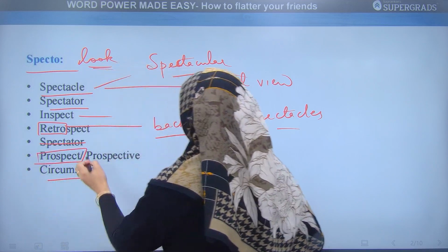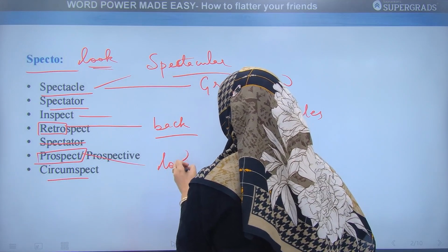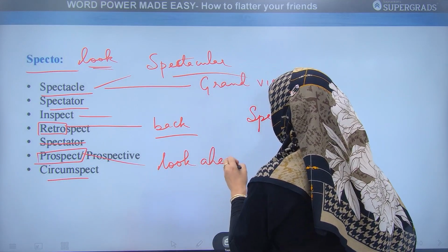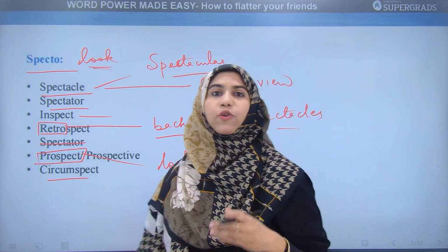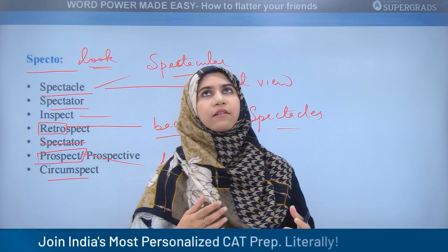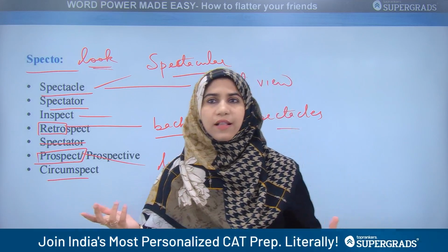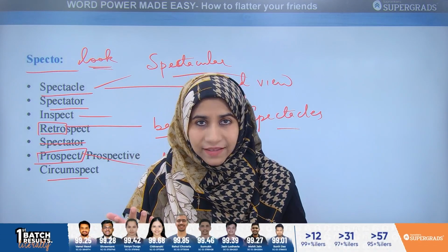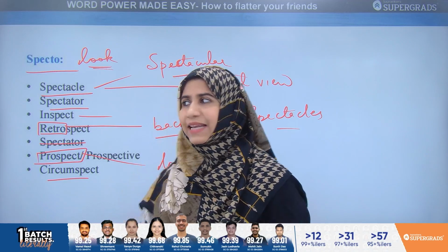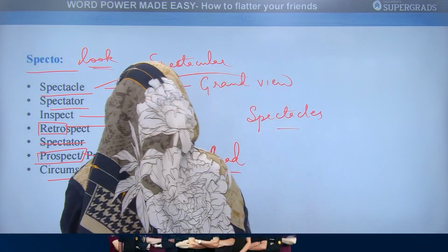Prospect. Prospect is actually to look ahead. So when you're prospecting, you are looking ahead, thinking what is going to work for me? What are my future prospects? Very common word, you might be knowing that. And even the word prospective comes from it.